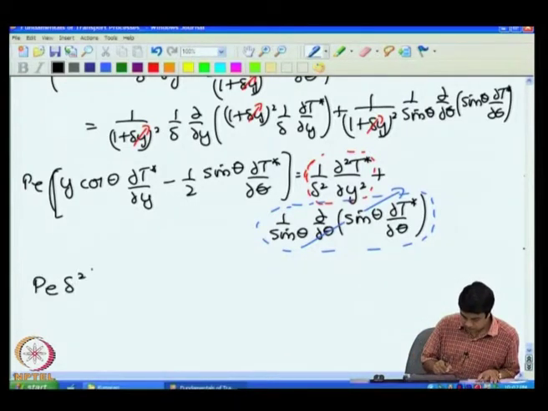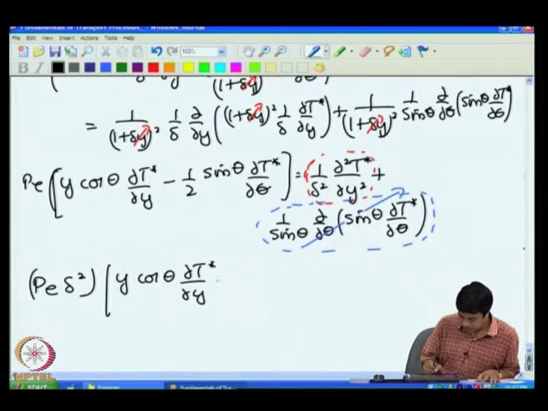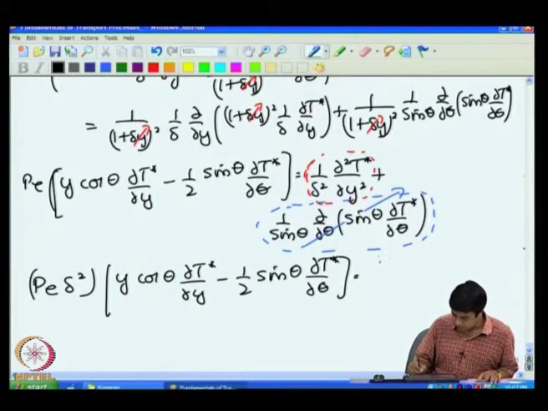P times delta square into y cos theta dt by dy minus 1 by 2 sin theta dt by d theta is equal to partial square t by partial y square.